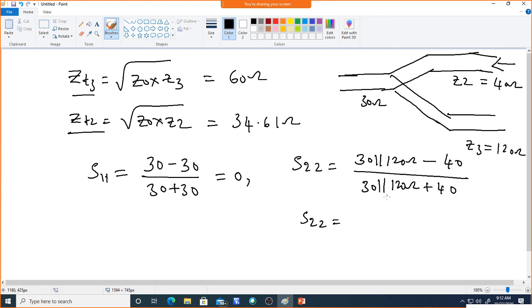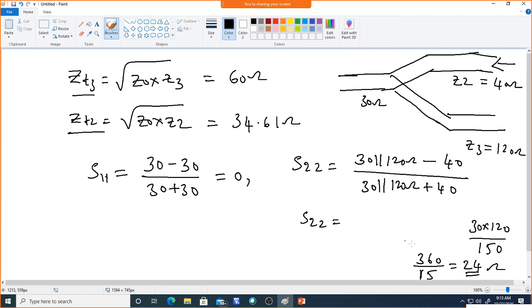So 30 parallel 120, how much will it give? Calculate it. 30 into 120 divided by 30 plus 120, which is 150. So around it is 360 by 15, so is it 24 ohm?